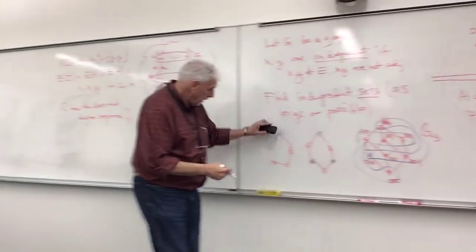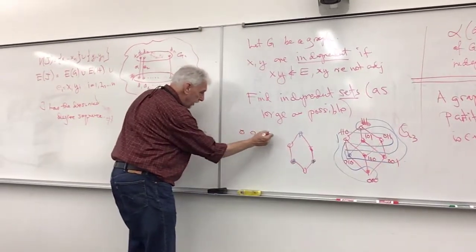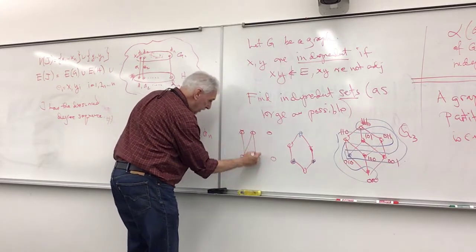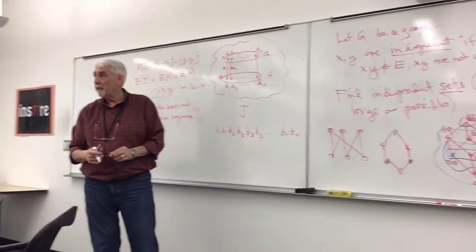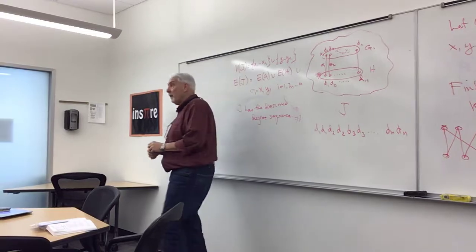Independent. Very good. Okay, so I'm looking at C6. I'm going to draw the 6 vertices. There's a C6. That's also a C6, right? Can I add more edges to that?